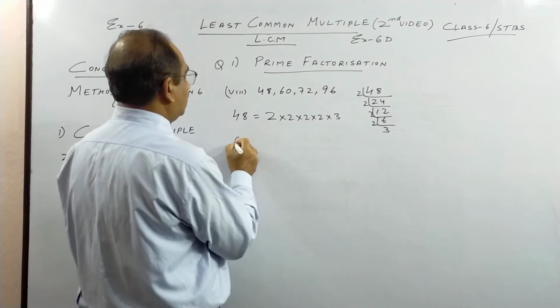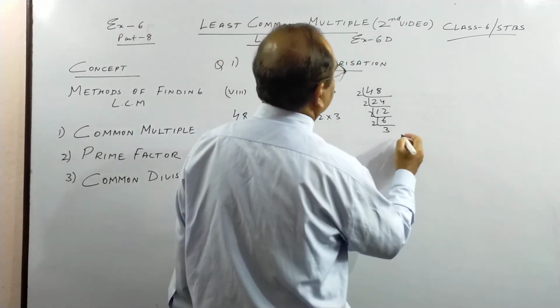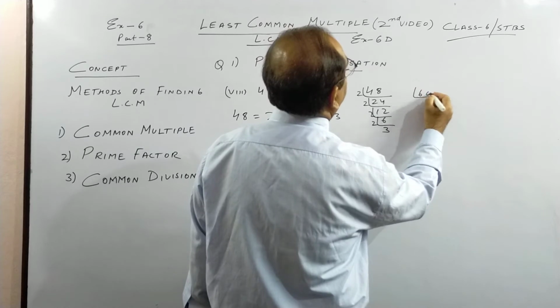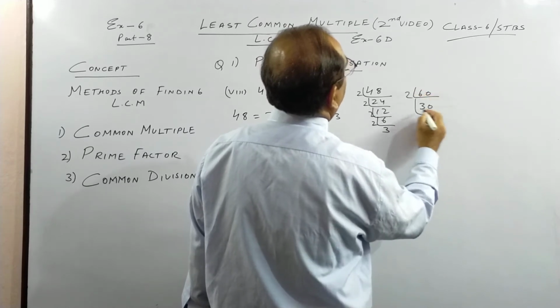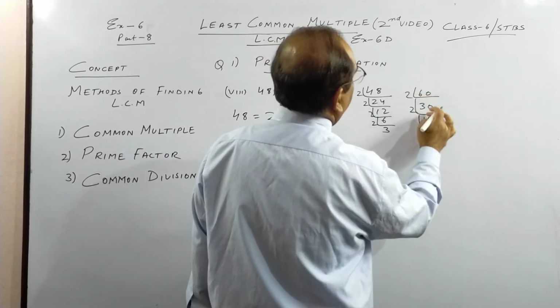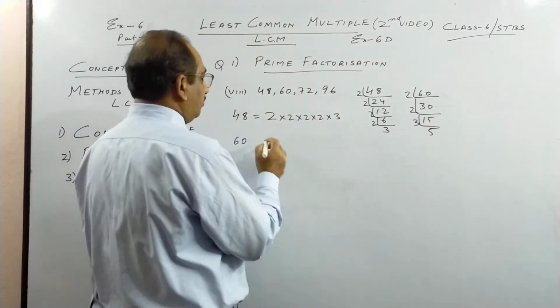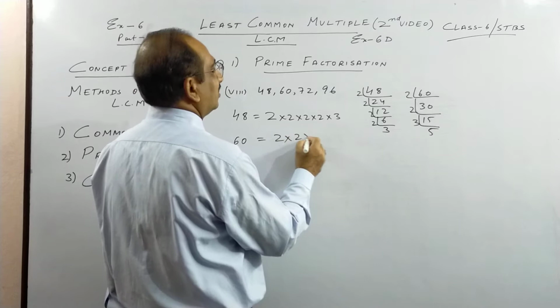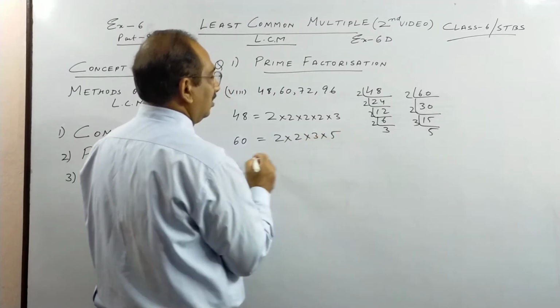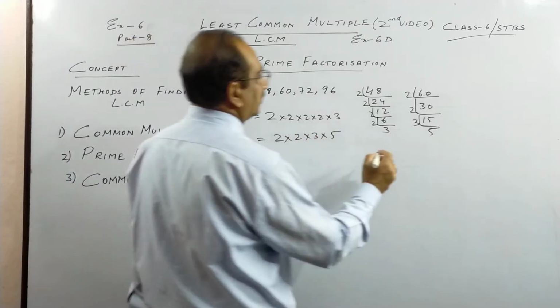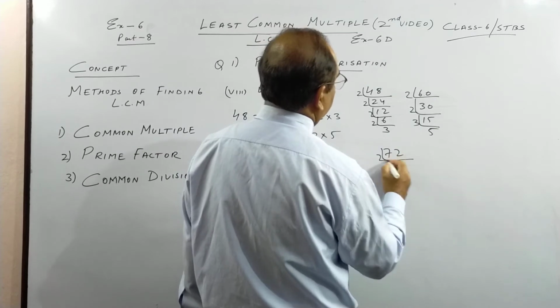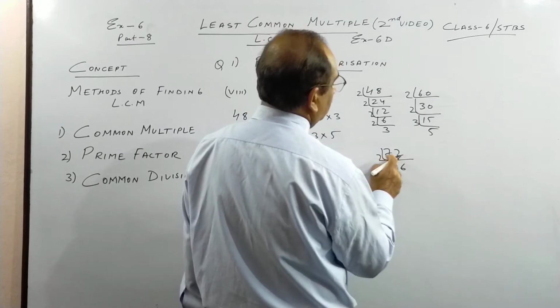Next is 60, children. So 60, as I said, with an even number you do with 2, make it half, then this will not go by 2, then try with 3, 5s are 15. Now 72. 2 3s are 6.